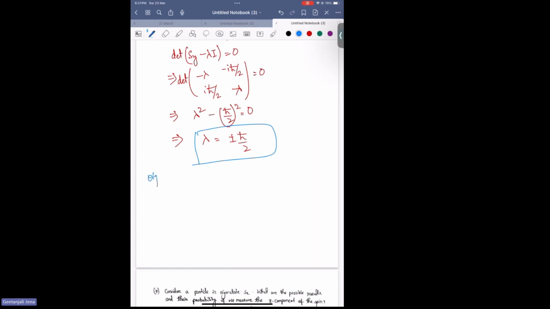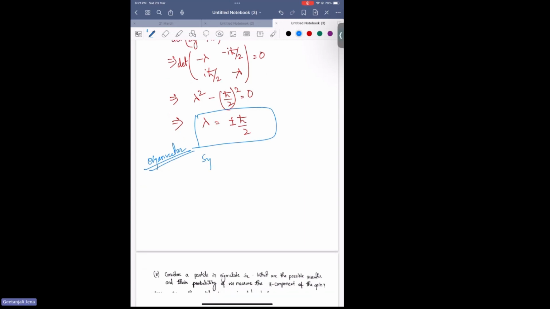Now if you want to find the eigenvector, what you can do is take Sy, take the eigenvector as (a, b), take one of the eigenvalues, ħ/2, and solve this equation. So let me quickly write it down. What will be the eigenvector? So this is (a, b), and this will cancel. Now if you solve it, you will see minus ib equal to a.